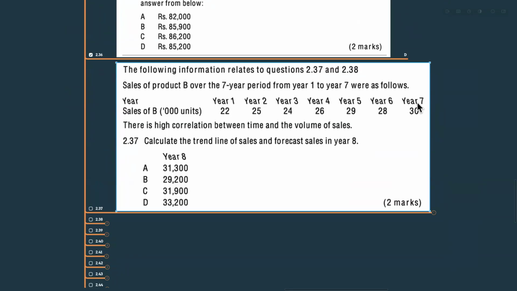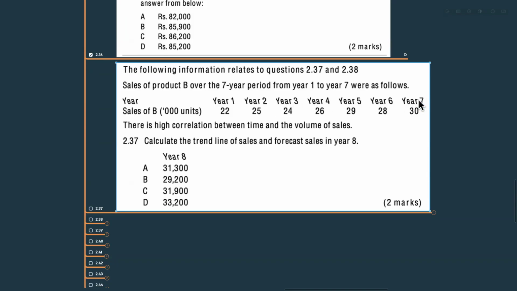So the year and the sales of B. What is the X value, guys? Here we can take X values as year or sales. X is always the independent, known variable, and the estimation variable is going to be Y. So the X variable we can take as the years: year 1, 2, 3, 4, 5, 6, 7.